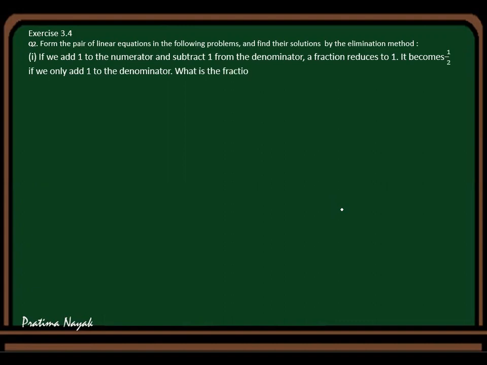What is the fraction? So you know that a fraction is written in the form of p by q. So one is numerator, one is denominator. Both are unknown here, so we can take as x, y. So our answer starts like this.